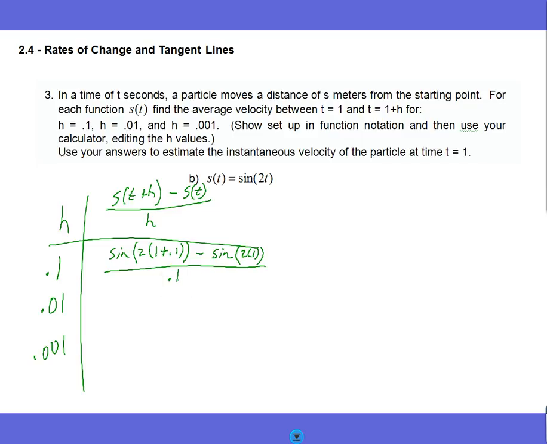So what I want you to do is plug that in your calculator, plug the rest in your calculator and find out values for each of these and see what we get. I'm going to pause the video so we can go quick and fast, and you can see if we match.